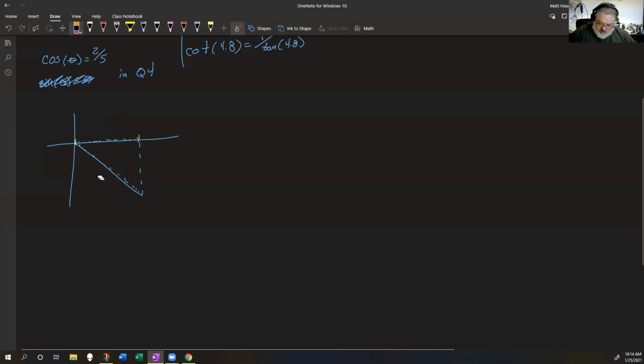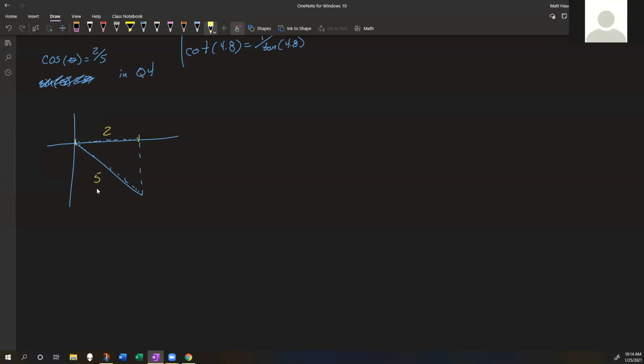But generally, we don't. Generally, we say this side is 2 and that is 5. But both are correct. As long as they're in that ratio of 2 to 5, it's fine. You could put 4 and 10 if you wanted to. Is that part fair? Yes. Okay.